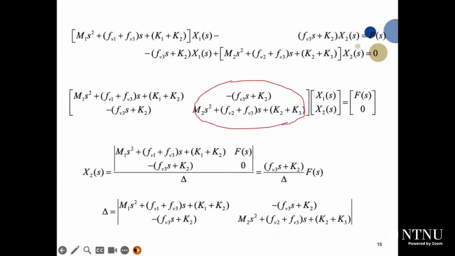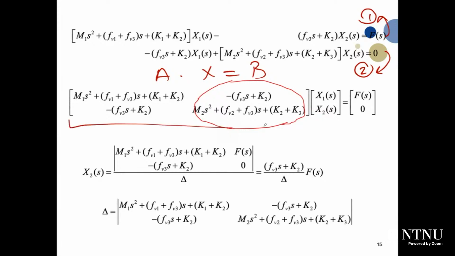Once you have equation number 2, now we have two equations. This is equation 1. This is equation number 2. Try to arrange it, starting with X1 of S, and try to put it in matrix notation because we need to use Cramer's rule. So just take the coefficients. It will be like A multiplied by X equals B, for example. So this first matrix will be the coefficients. The second matrix will be the displacements, or the states, equal to the forces, which is this one.